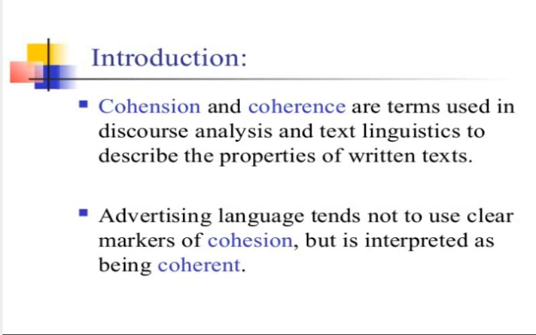Cohesion and coherence are terms used in discourse analysis and text linguistics to describe the properties of written texts. Advertising language tends not to use clear marks of cohesion, but is interpreted as being coherent.